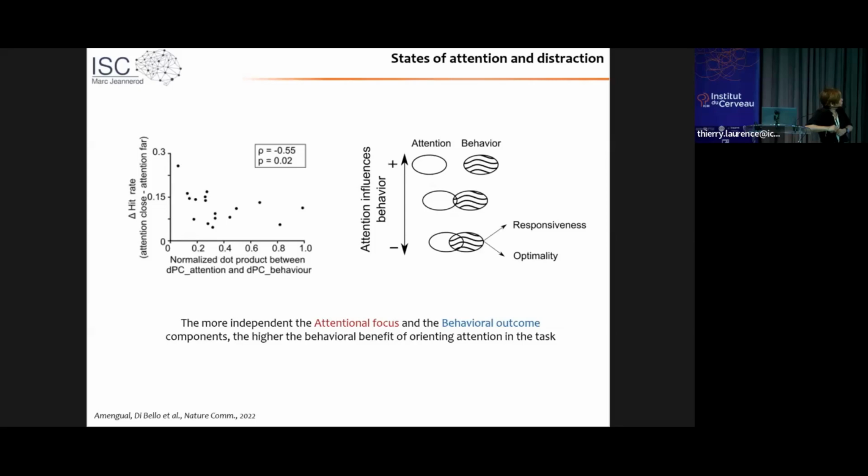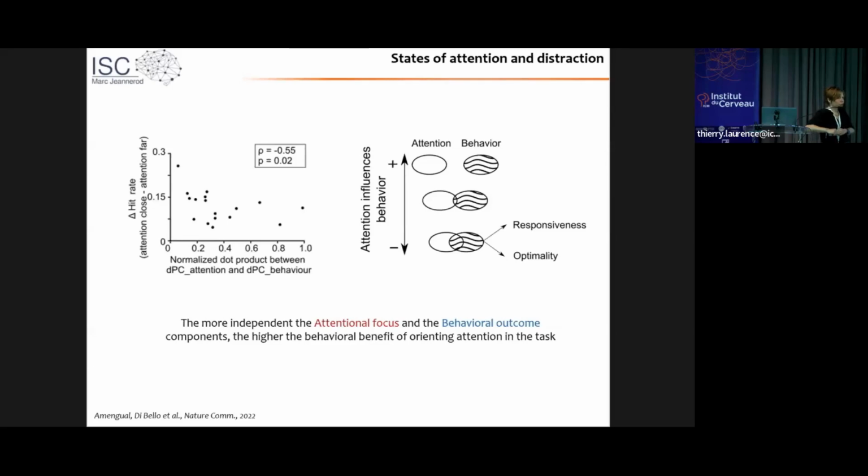What I'm plotting here is the benefit of orienting attention on the hit rate. So 0 is no benefit of orienting attention based on the decoding of attention from the prefrontal cortex, and higher levels are a benefit of orienting attention on the overall behavioral performance. And what we observe is this type of significant correlation between the two parameters, indicating that the more independent the attentional focus and behavioral outcome components are, the higher the behavioral benefit of orienting attention in the task.